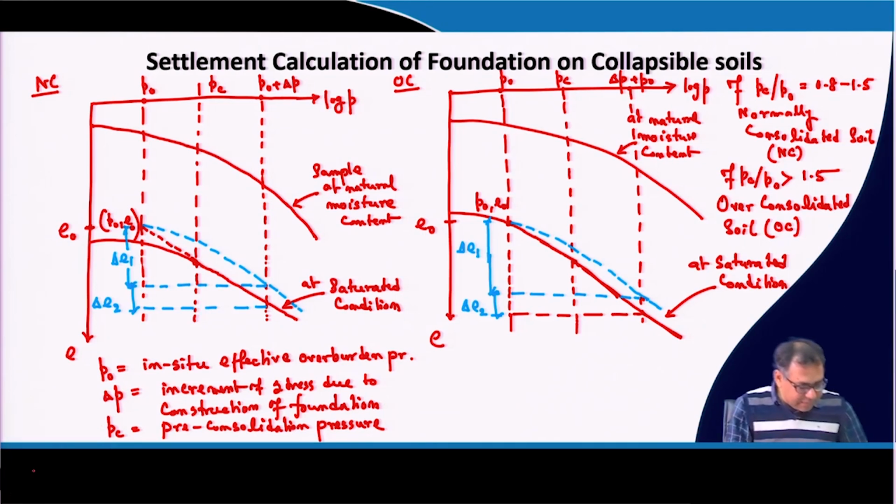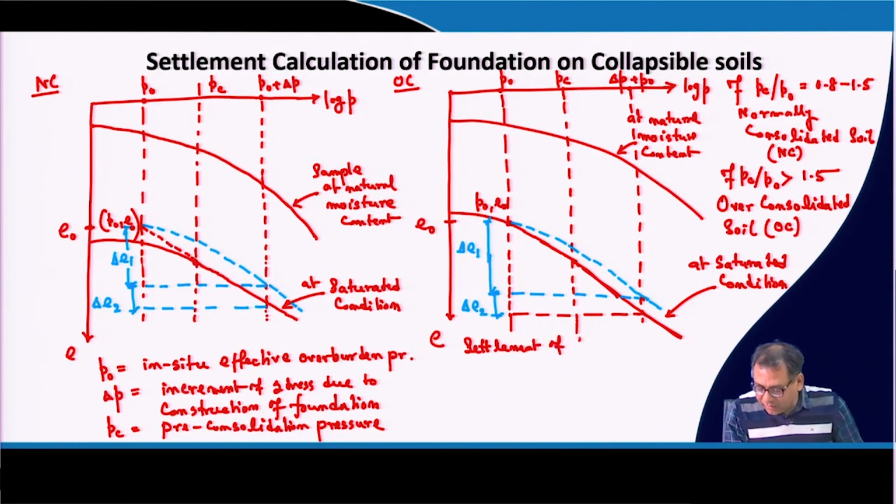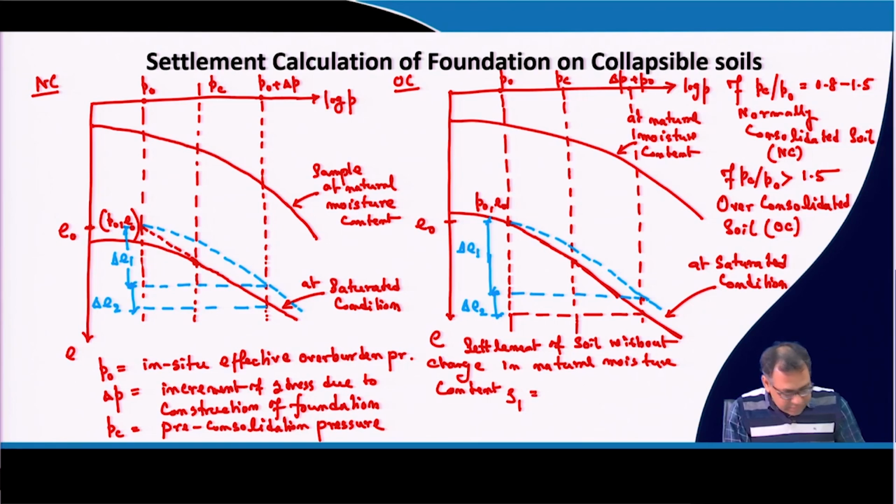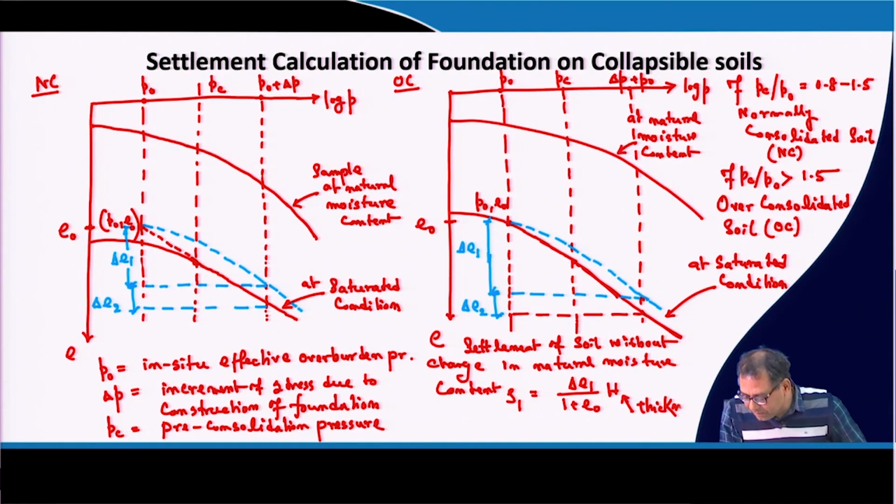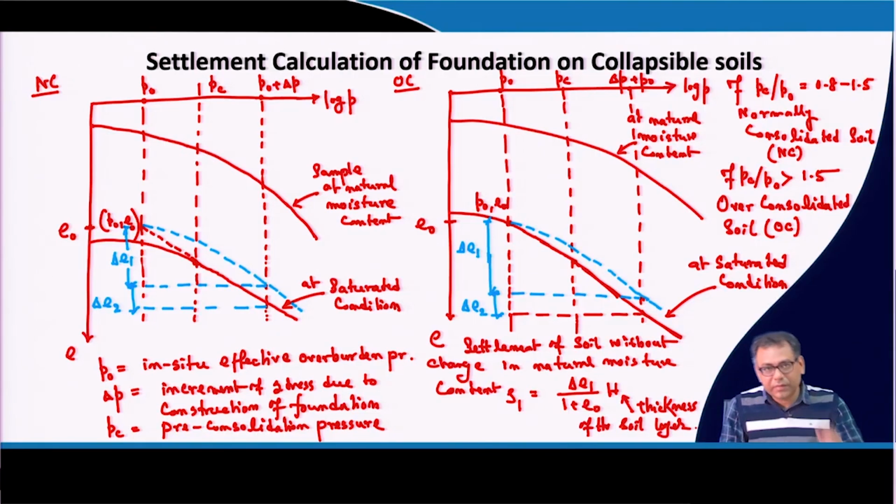Now, how will I get the settlement? The settlement of soil without change in natural moisture content is S1 equal to del E1 divided by 1 plus E0, into H. Now, H is the thickness of the soil layer, or collapsible soil layer.